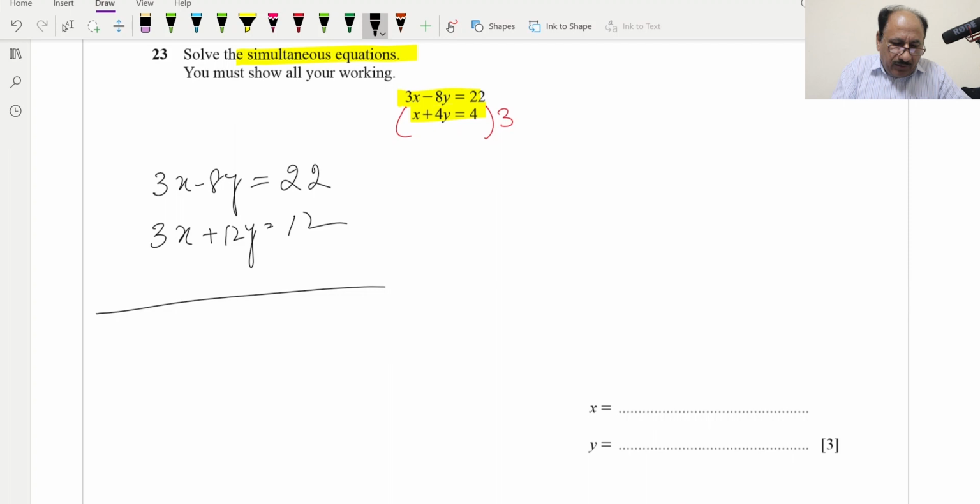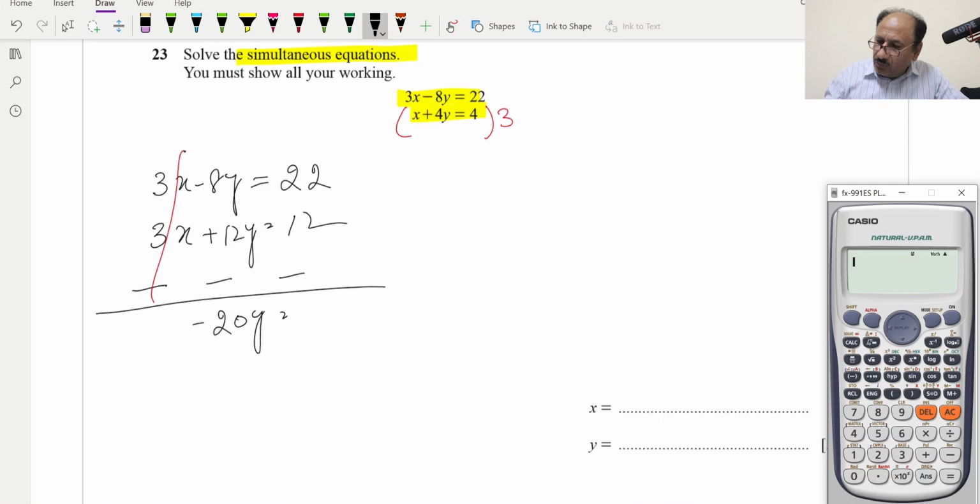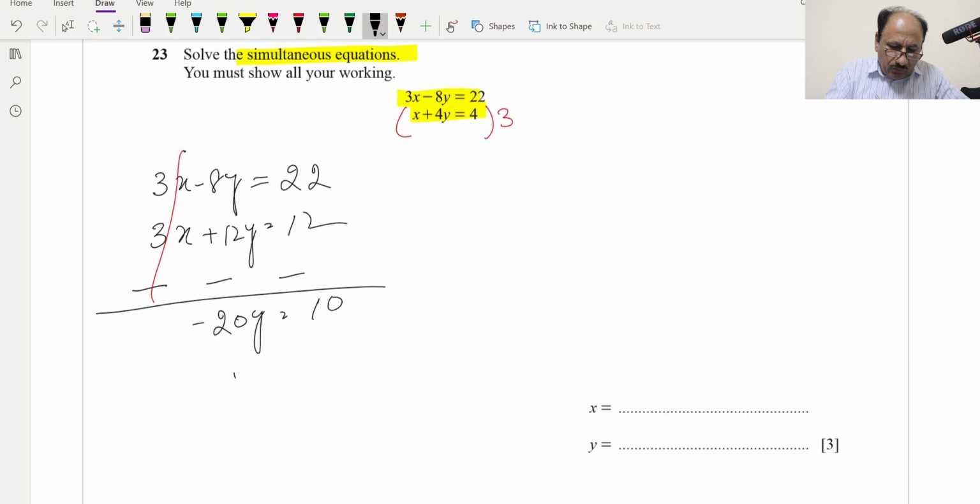Now we can subtract, and for subtraction we will be changing signs, and we can cancel these, and this will be minus 8 minus 12, which is minus 20y, is equal to 22 minus 12, which is equal to 10. So y is equal to 10 over minus 20, which is equal to minus 1 by 2, or you can write minus 0.5.